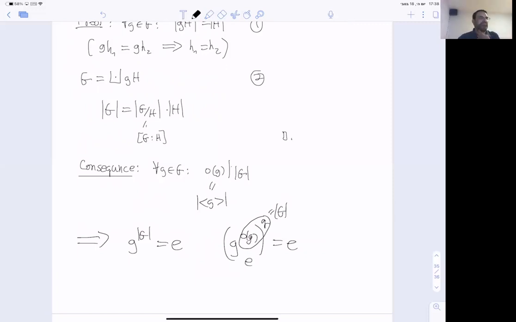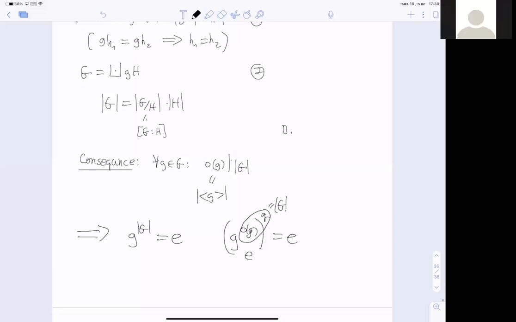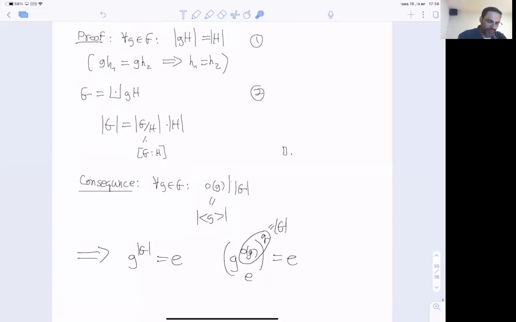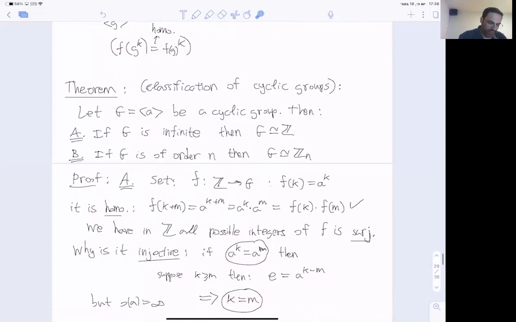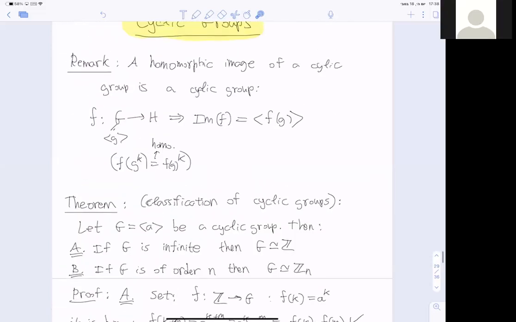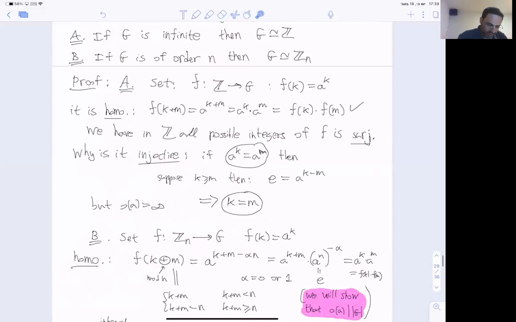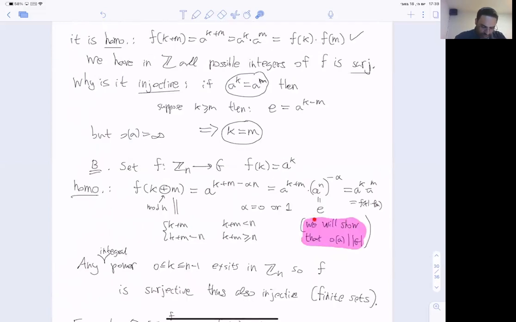I'm just showing you this moment in the proof we have seen, the classification of cyclic groups. I told you we will show that the order of an element divides the order of G. It was here that we needed that.